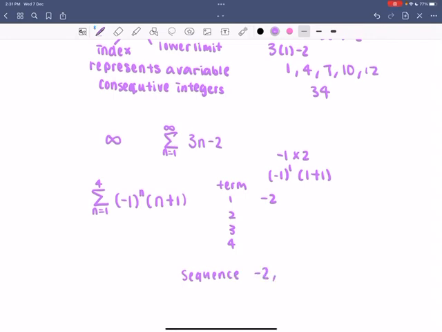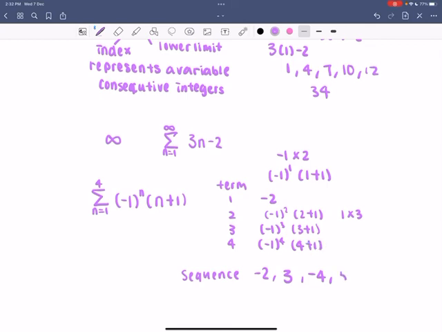The second one would be -1 squared, 2 plus 1. That would be 1 times 3, which is 3. Then -1 cubed is -1, and 3 plus 1 is 4. So -4. And then the fourth term would be -1 to the power of 4 times 4 plus 1, which is 5.